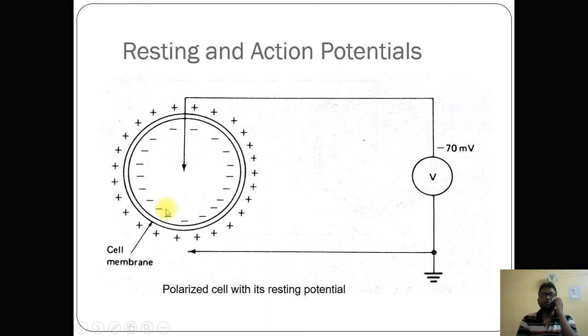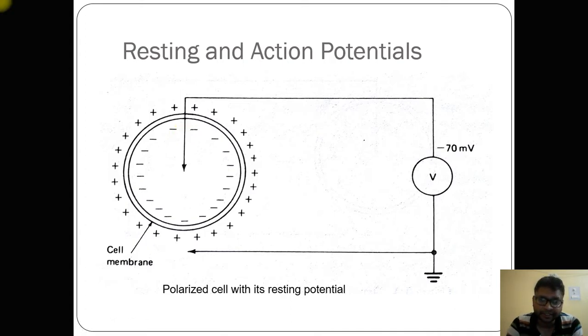Initially the K+ channels open and allow K+ ions to go inside. K+ and Cl- ions both go inside, and that creates a net negative charge.